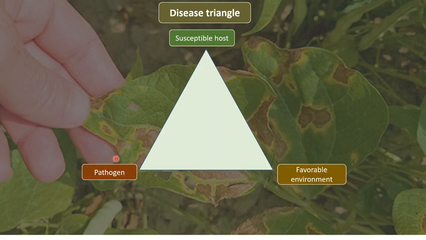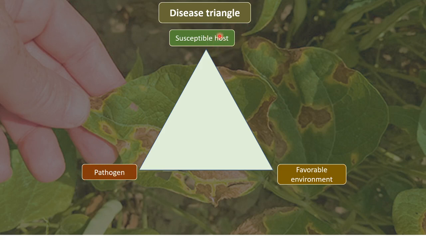Now, what is pathogen? Pathogens are organisms like fungi, bacteria or viruses. These are organisms that will infect the plant, right? So, pathogens are all those organisms that are going to form infections in the plant. Then, what is susceptible host? Susceptible host, or host, is the plant that will be infected by the pathogen. So, a pathogen is going to infect a plant.